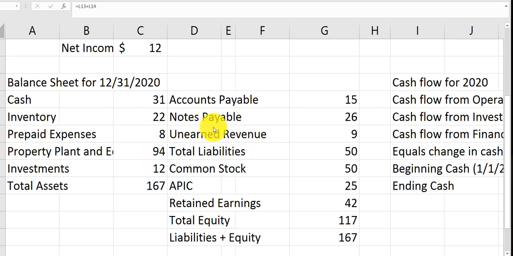But that's a detail or a scenario that we'll consider in another podcast. So this was a very simple example to focus on how the financial statements work together, so that you see the process of preparing them and how they tie together.